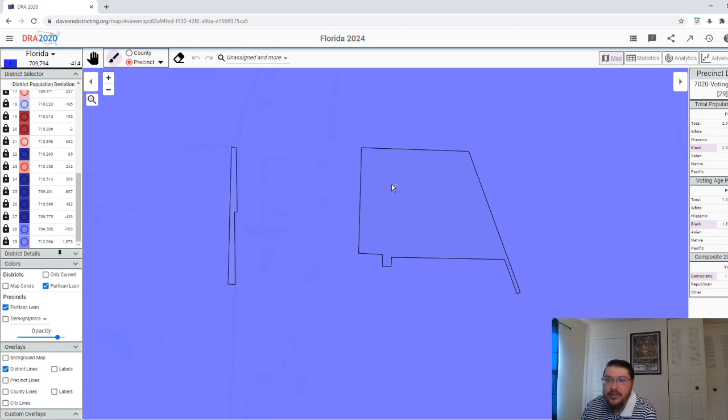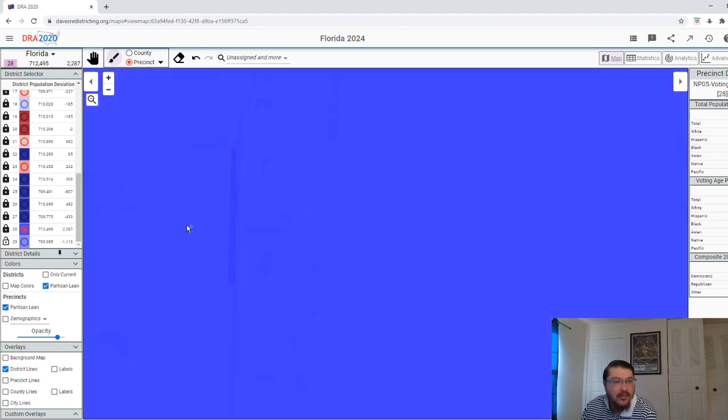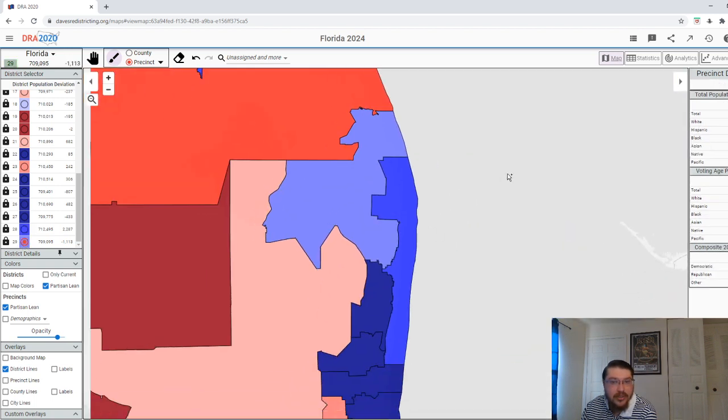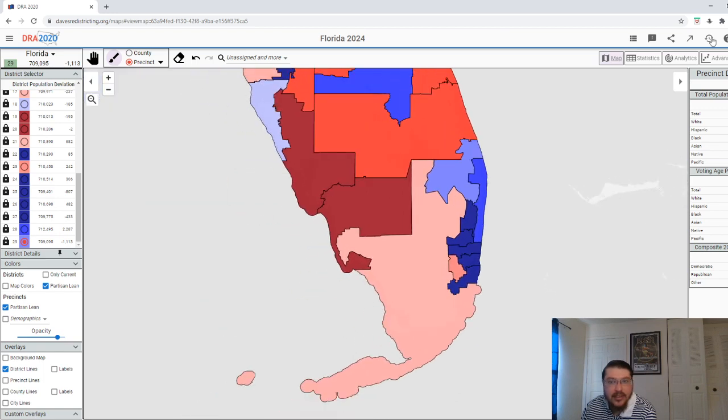What district did I put this one in? Did I really put the... Interesting. So I need to actually flip these. Oof. That way everything is contiguous. So I think that was the big problem I had with Florida.